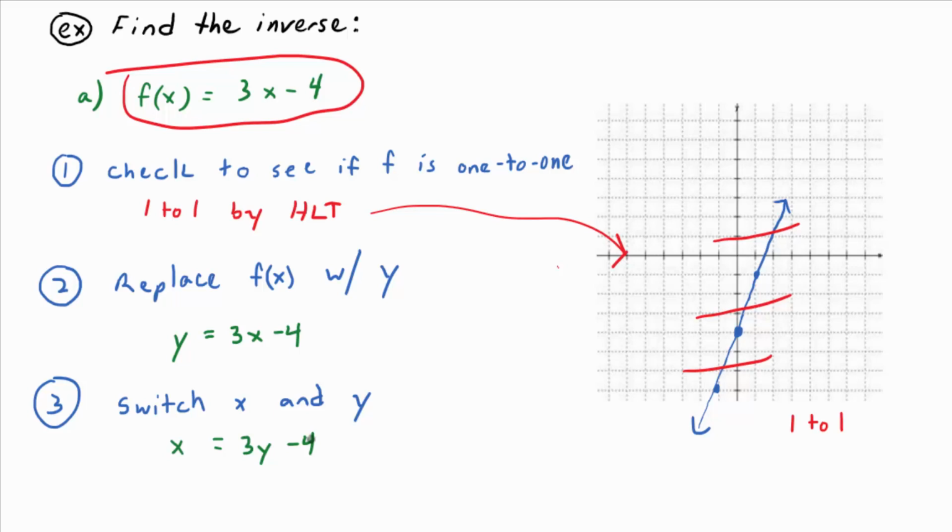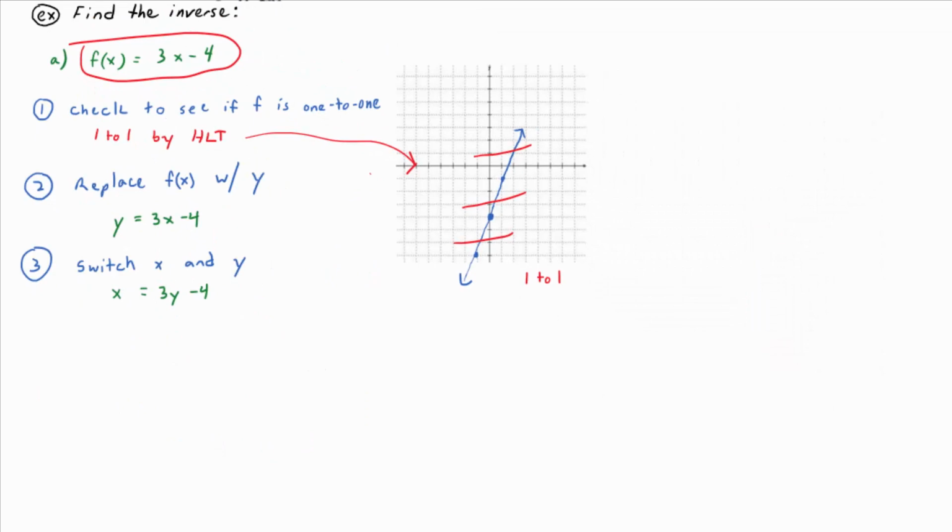The next step: we always like y by itself when we're talking functions. y is f of x, so we solve for y. Solving for y is the next step. So step number 4, solve for y. For this particular problem, we have x equals 3y minus 4.